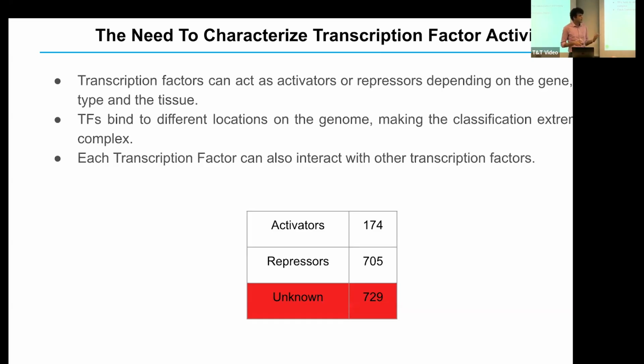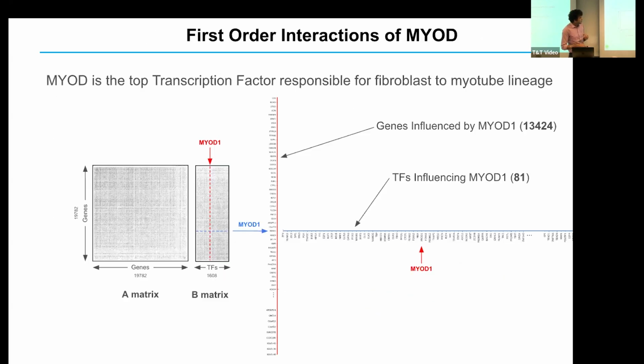The previous algorithm that we described depends heavily on what the activity of the transcription factor is. In the B matrix, the original algorithm, we assign a transcription factor as a specific activator or repressor. If we see here, this entire column, MyoD acts as an activator. But as I mentioned, that can change depending on the context.